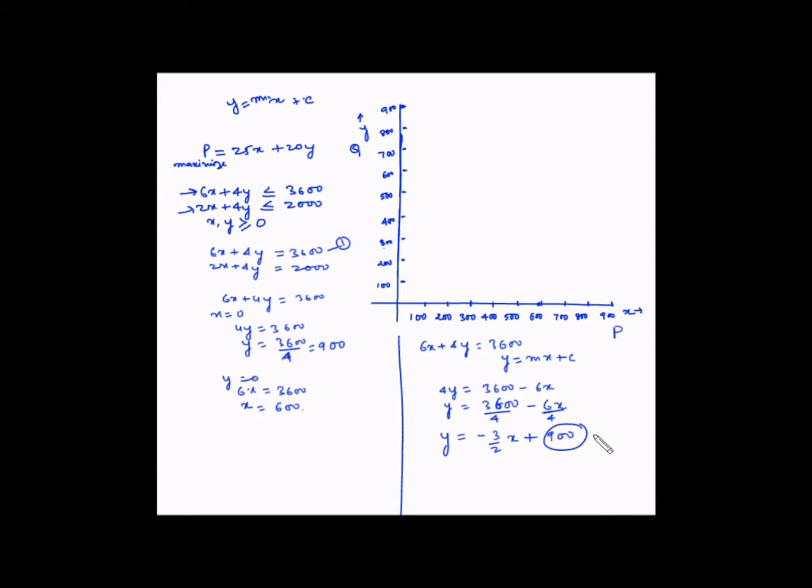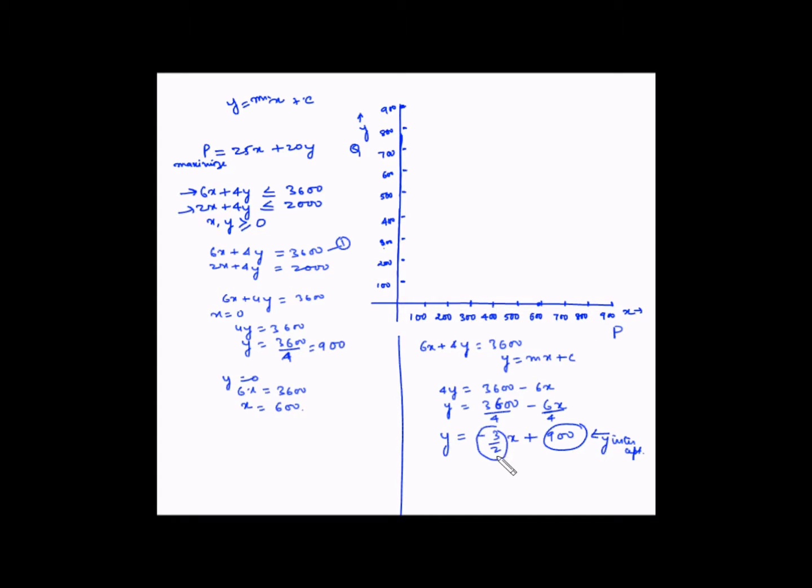So this represents the y-intercept. So we know that this line on the y-axis is going to intersect at 900, and this represents the slope of the line. So since it is negative, it is moving downwards when the line is moved from left to right. So it is coming like this.